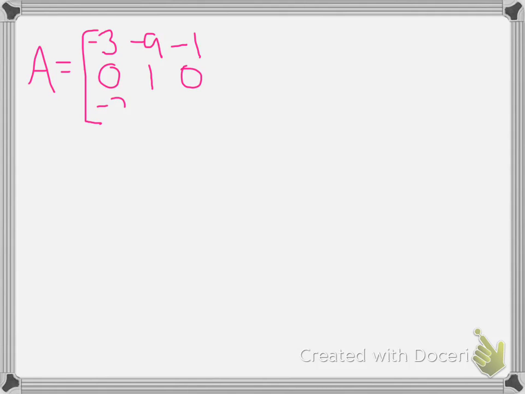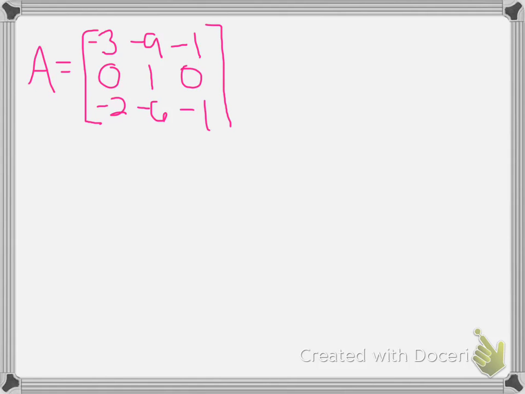Let's bring our matrix of minors back over onto this page. So let's restart fresh. A equals -3, -9, -1, 0, 1, 0, -2, -6, -1.